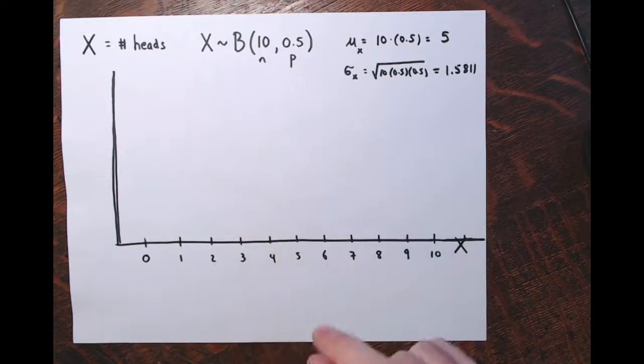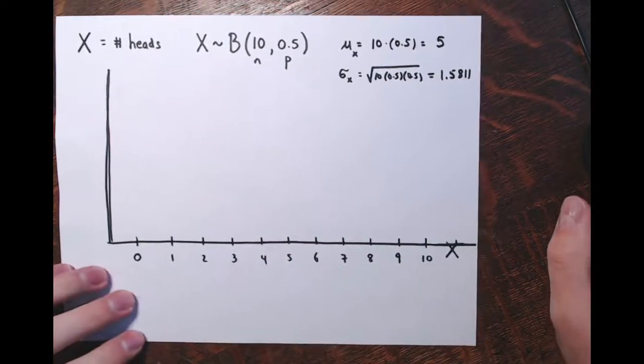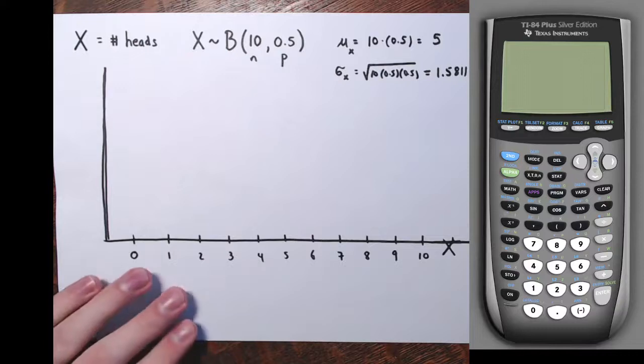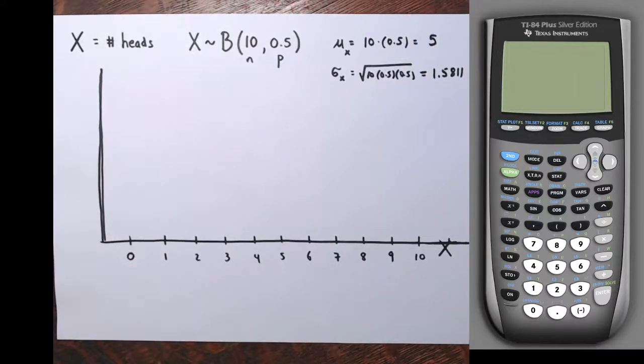Now, for each of these probabilities, I'm going to pull the calculator up to find them. Let me show you a quick way to get the list of all these probabilities. So remember that binomial distribution? I want to find binomial probabilities.